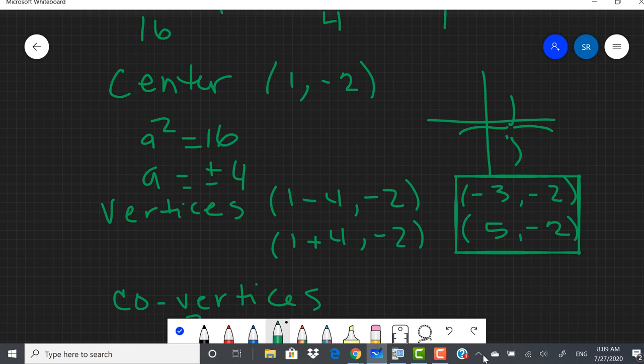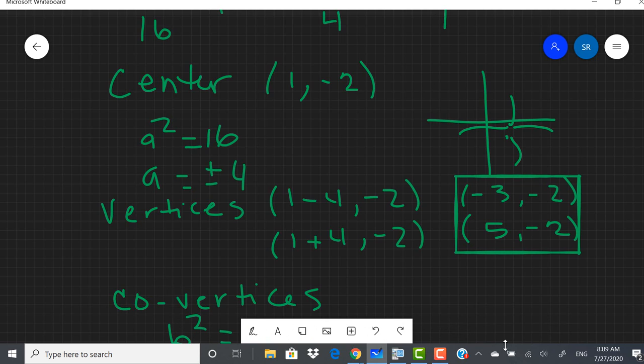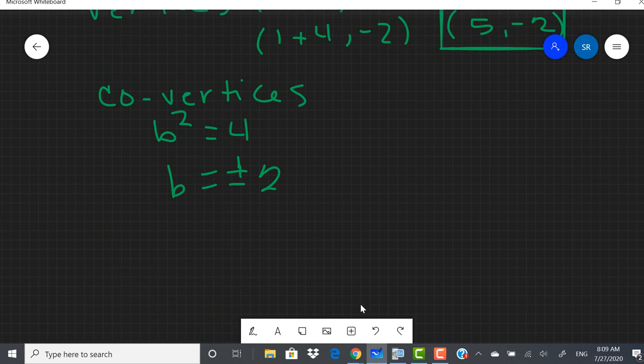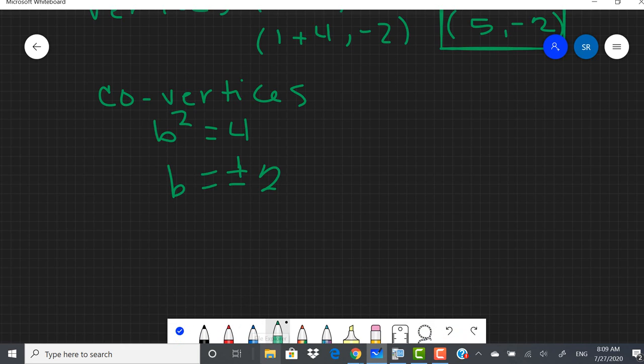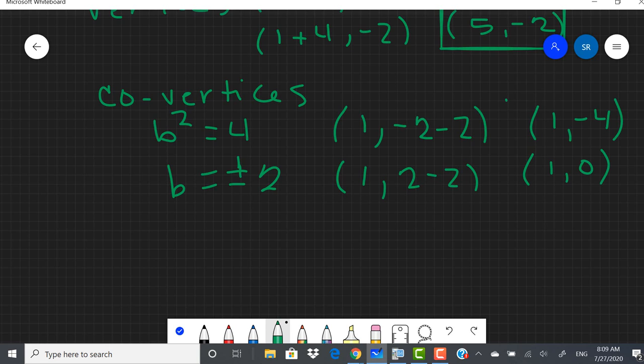From here, we would go up and down. So for my co-vertices, plus or minus 2 from the center, we would go 1, negative 2 minus 2, and then 1, negative 2 plus 2. So my co-vertices are 1, negative 4, and 1, 0.